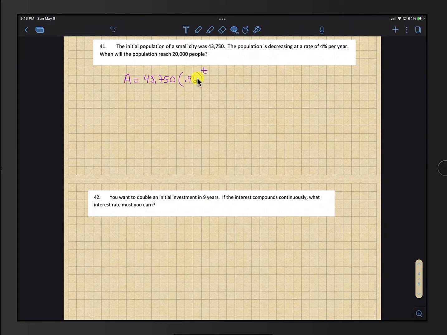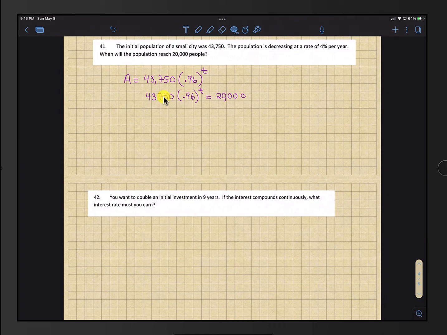Now, why is it 0.96 as the base? That's because it's decreasing at a rate of 4%. So you subtract 4% from 100%, leaving you with 96%, which is 0.96 as a decimal. All right, now we want to know when the population will reach 20,000, so we take this equation and set it equal to 20,000.